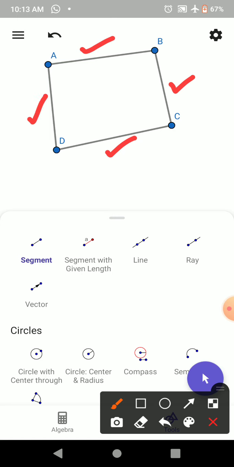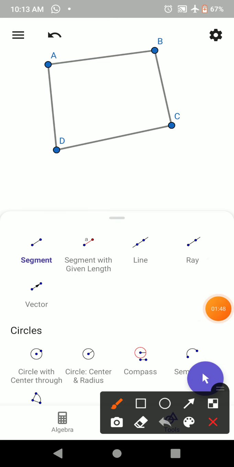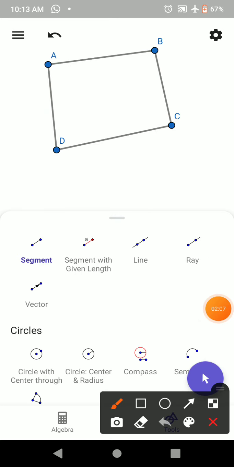So this is a closed figure which has 4 sides. If you observe, it has 4 angles also: angle A, angle B, angle C, and angle D. You can see here 4 sides and 4 angles. And if we draw a diagonal, what is a diagonal?